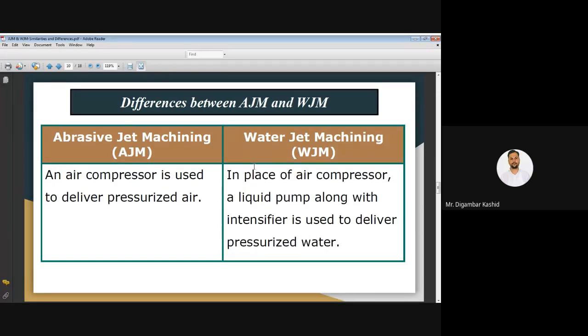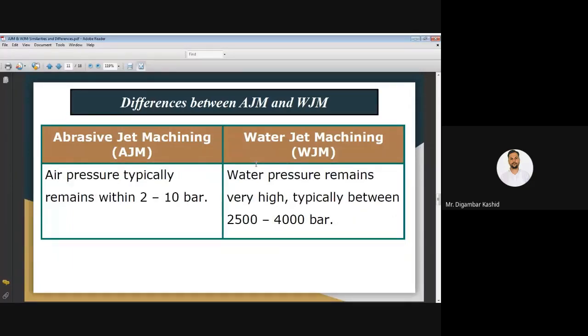But in water jet machining, in place of an air compressor, a liquid pump along with an intensifier is used to deliver the pressurized water.